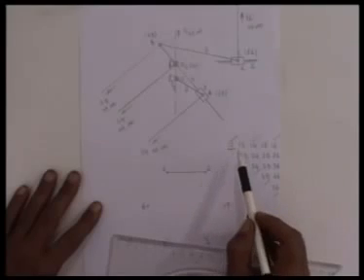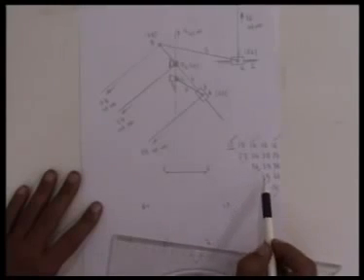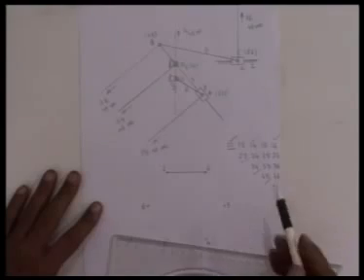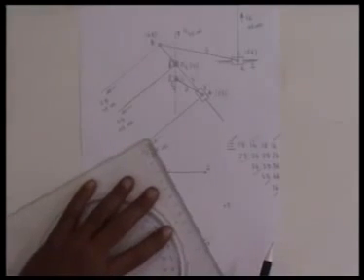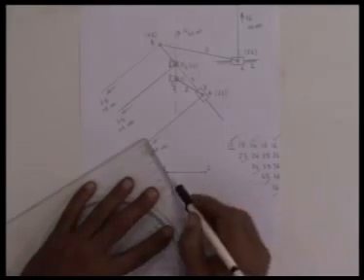So let us draw all these 7 relative instantaneous centers that we have already determined. We have determined 1 4, so I join 1 and 4.